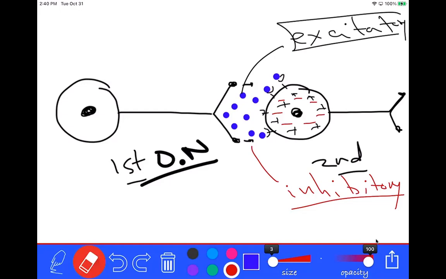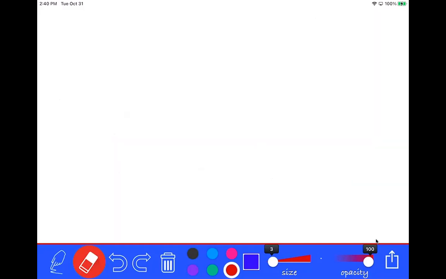If the next neuron gets excited because of the release of this neurotransmitter, that's an excitatory scenario. If the next neuron gets inhibited because of the release of this neurotransmitter, that's an inhibitory scenario, and this neurotransmitter here is described as an inhibitory neurotransmitter.